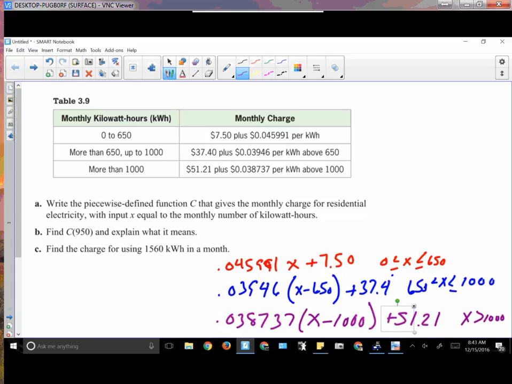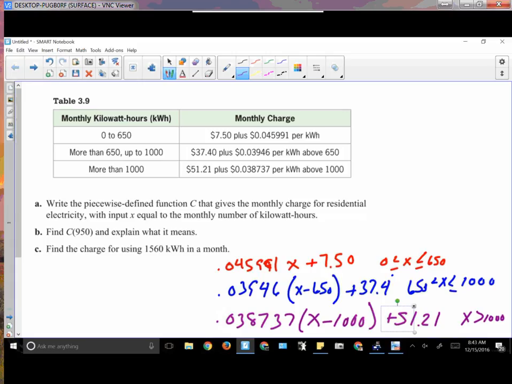So, what does it mean if I have to use C of 950? Well, C of 950 would mean that I've used how many kilowatts? 950 kilowatts. So if I use 950 kilowatts, which one of these do I have to use?